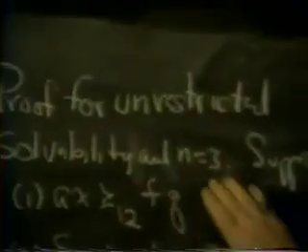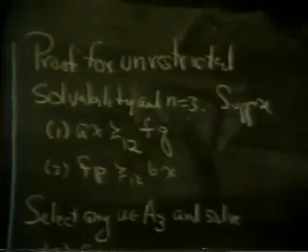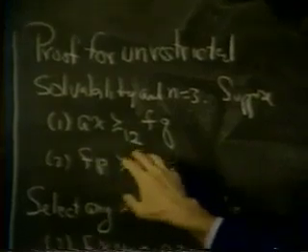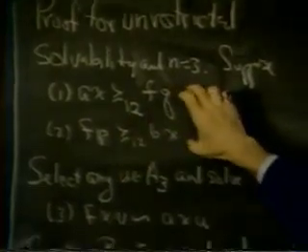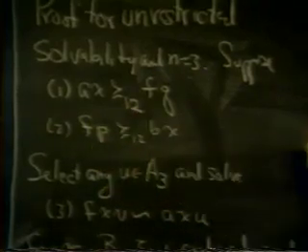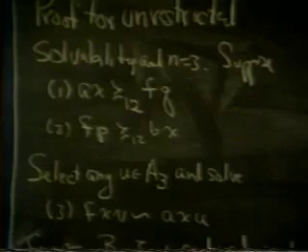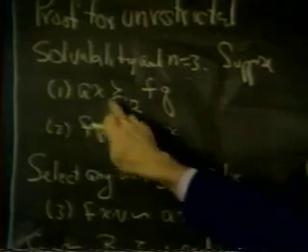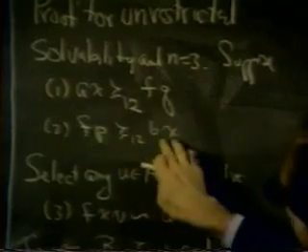So I'll assume unrestricted solvability, and I'll just assume three components. The thing obviously generalizes. The supposition is now on, let's say, the first two components, we're going to check for double cancellation. So we assume the two necessary antecedent inequalities for the double cancellation property: AX is greater than or equal to FQ, FP is greater than or equal to BX.